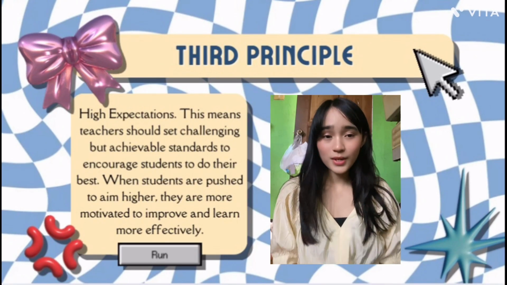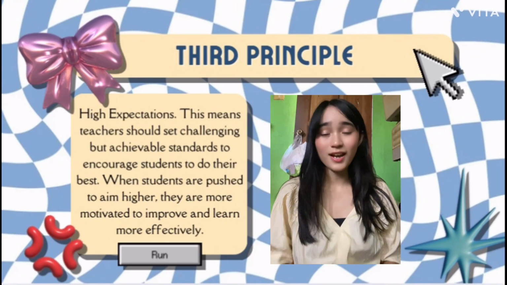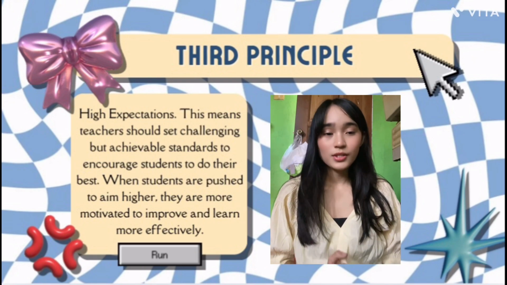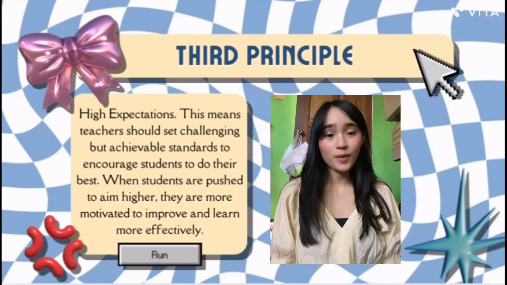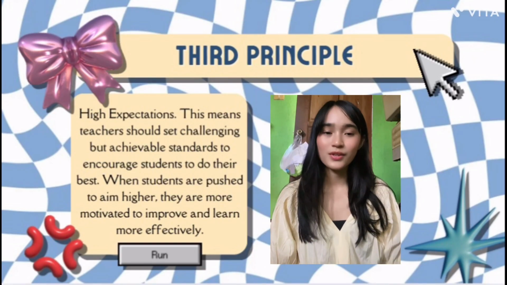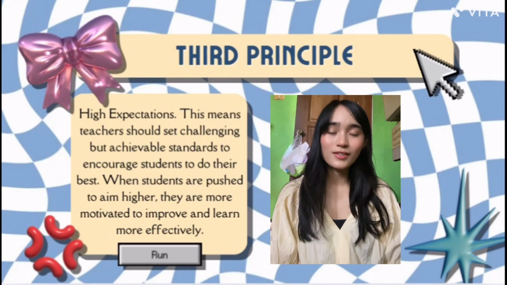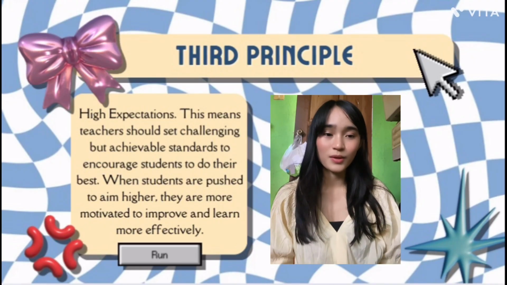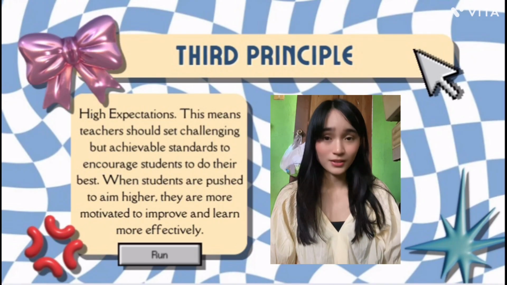So the third principle of OBE is high expectations. This means teachers should set challenging but achievable standards to encourage students to do their best. When students are pushed to aim higher, they are more motivated to improve and learn more effectively.